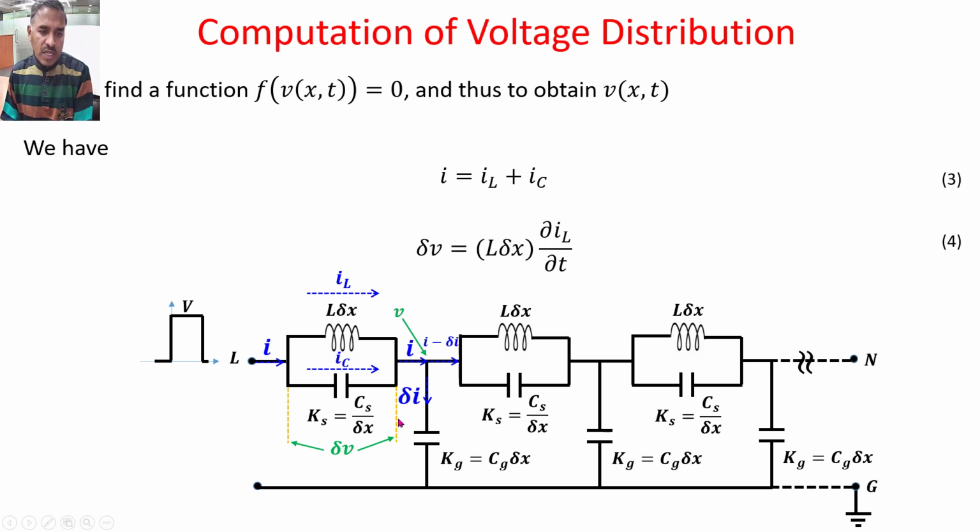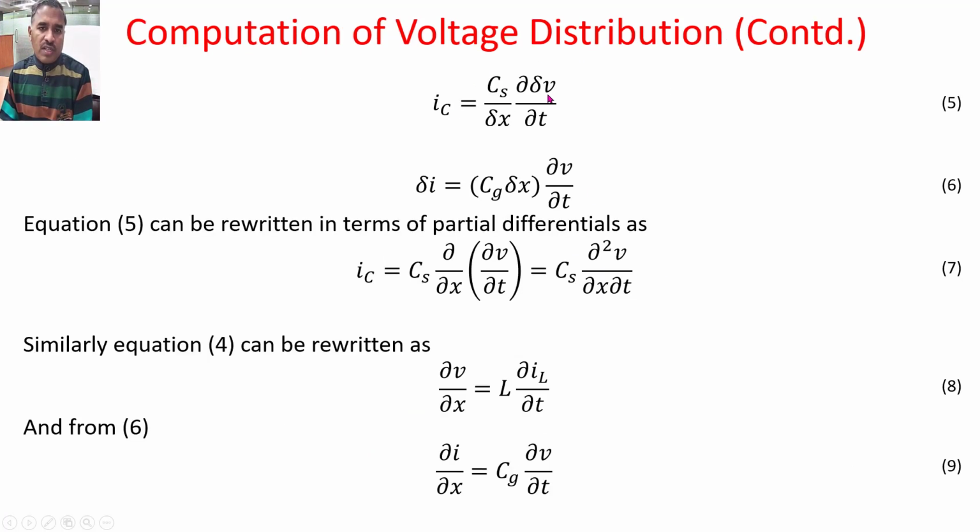The voltage across this branch is small delta v. This is how differential elements are taken, and delta v equals L delta x into dou IL by dou t, where IL is the current through the inductor. This is the inductor relationship. And then similarly the capacitor relationship of the series winding, and the capacitor relationship of the shunt winding.